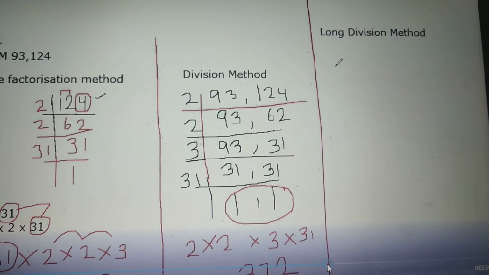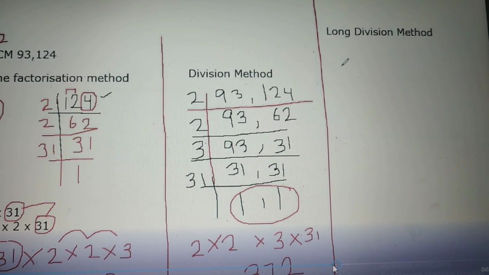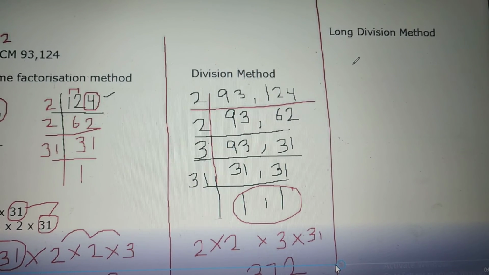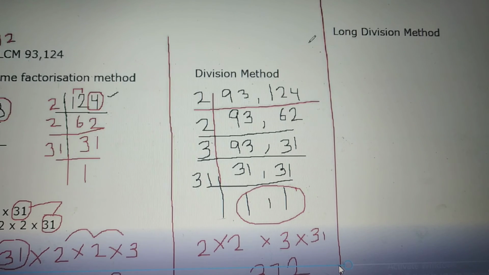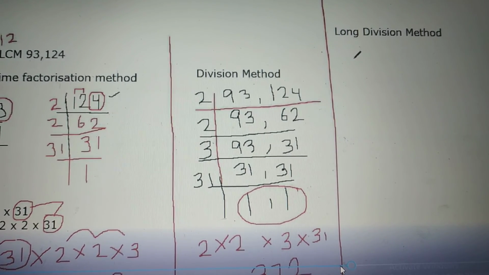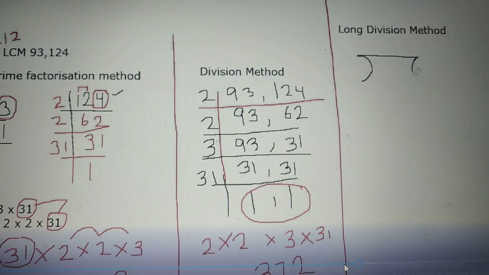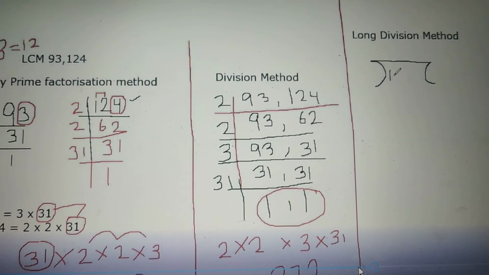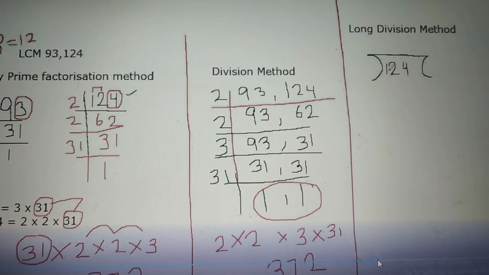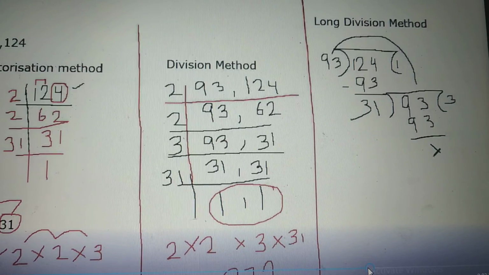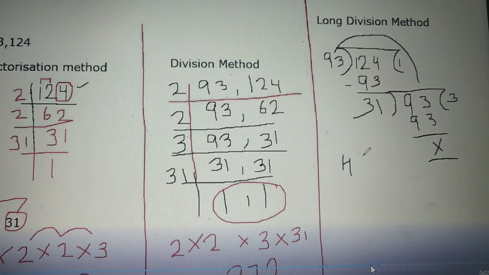The third one is the long division method. In this, for finding LCM, you first have to find HCF. You already have done the questions of HCF. So first of all, I have to find HCF and then I will come to LCM. For HCF of 93 and 124, I will use the long division method, which we have done earlier as well. I will write 124 as the dividend and 93 as my divisor. After finding HCF, we will now move on to LCM.